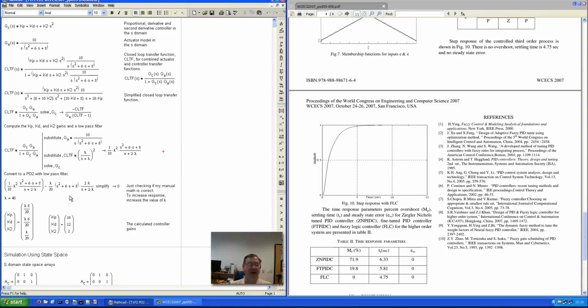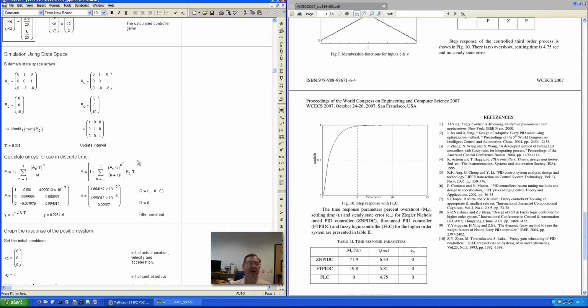So using this equation, this is the equation for the proportional gain, the derivative gain, and the second derivative gain, and these are the gains that I calculate. And if I want to, I can make this lambda bigger, and I would have even higher gains and a slightly faster response.